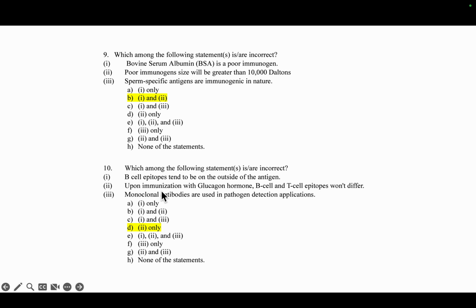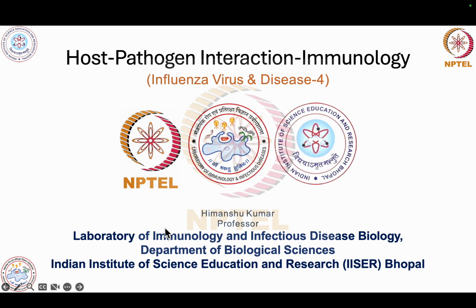True. Upon immunization with glucagon hormone, B cell and T cell epitopes won't differ. It will differ. The option is incorrect. Monoclonal antibodies are used in pathogen detection applications. This is correct. So the answer will be option 2 only.